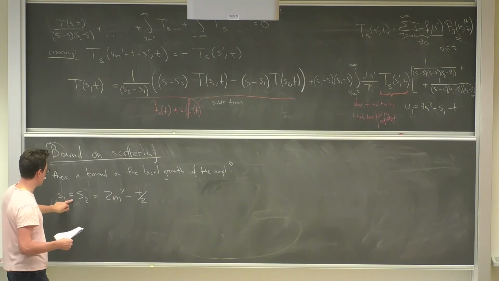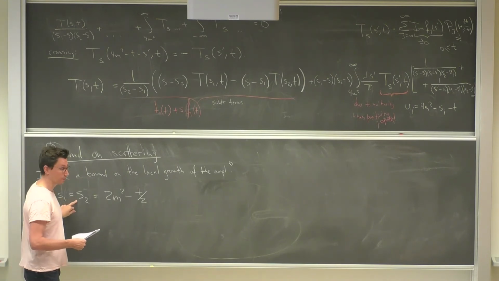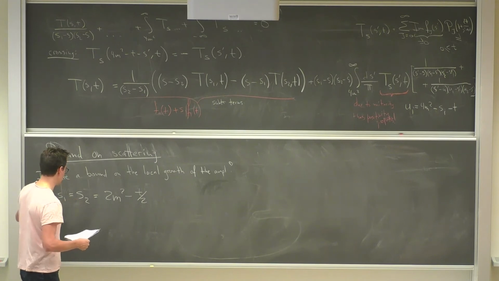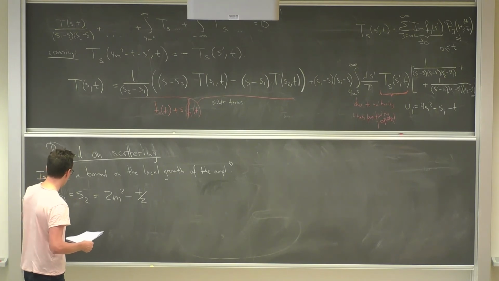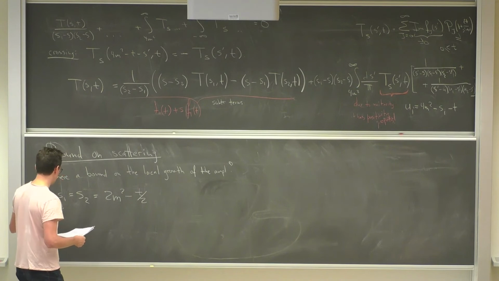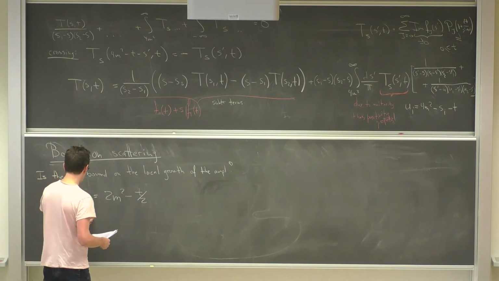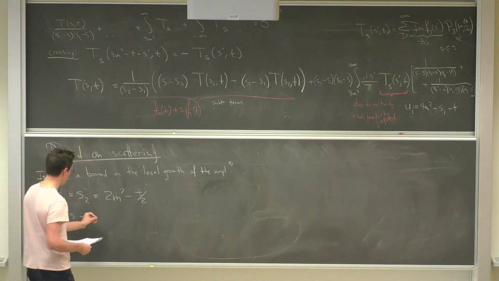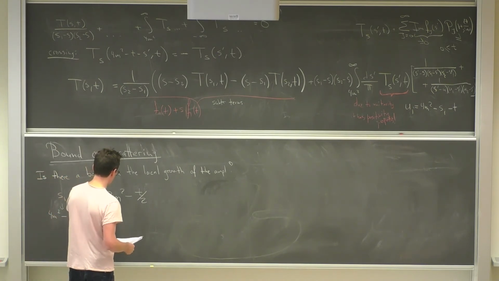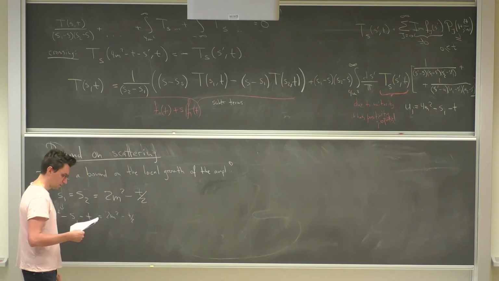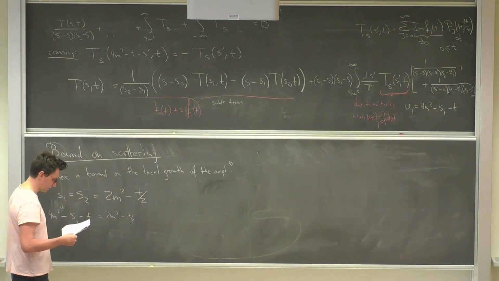The reason is that it's a crossing symmetric point. Because if you send S1 to u, so if you evaluate 4m squared minus S1 minus t, you get back (2m squared minus t)/2. So it's just a nice point to have a crossing symmetric equation.